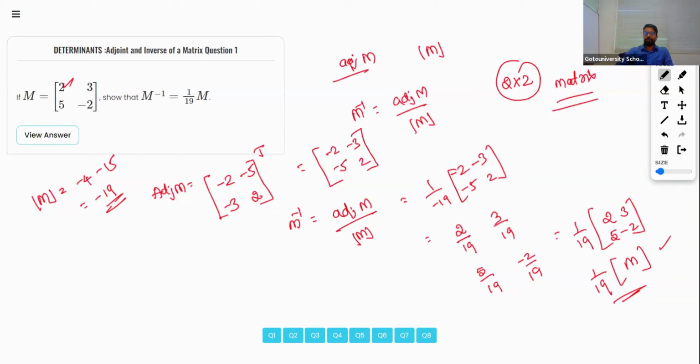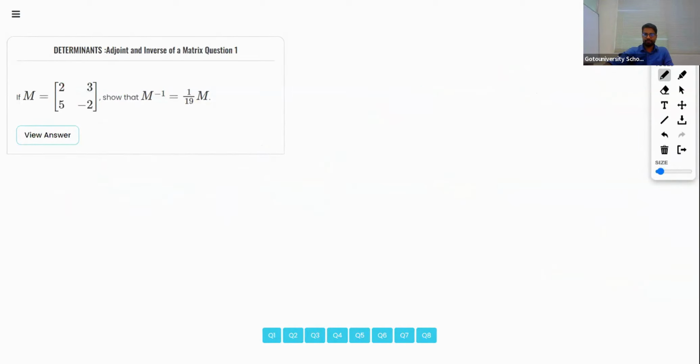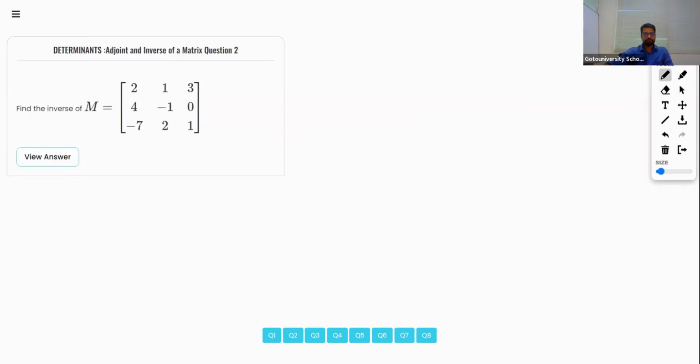So let's see if we have any question like that. Find the inverse of M. I was just now telling, right? So we have to find the inverse of this. First you find the determinant of M. Let's see which is the easiest row to start with.